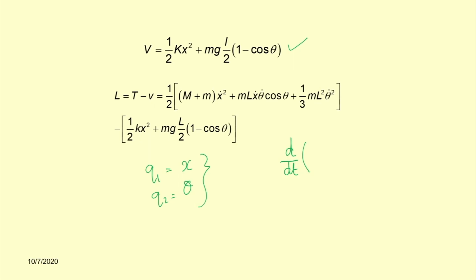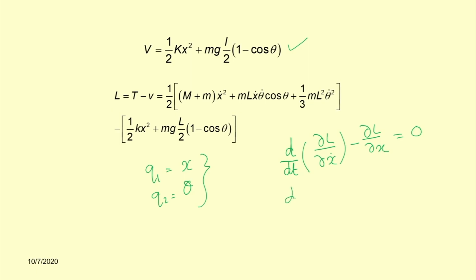So two equations you can find. First, d by dt of del L by del x dot minus del L by del x, and this will be equal to 0 if there is no force. If some forces are acting, then it will be the generalized force capital Q1.